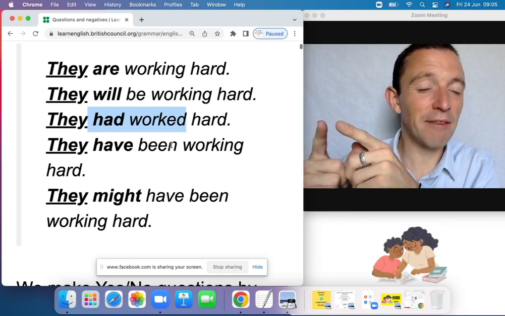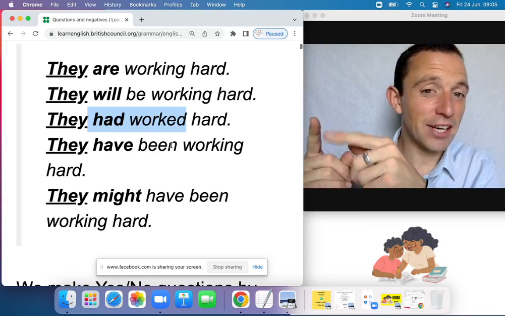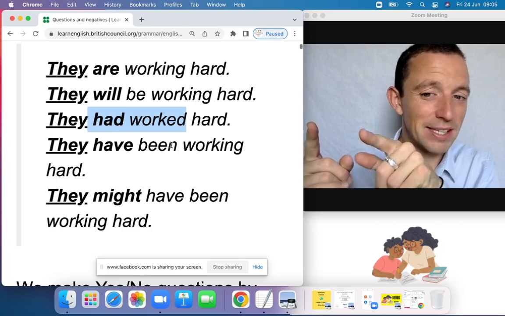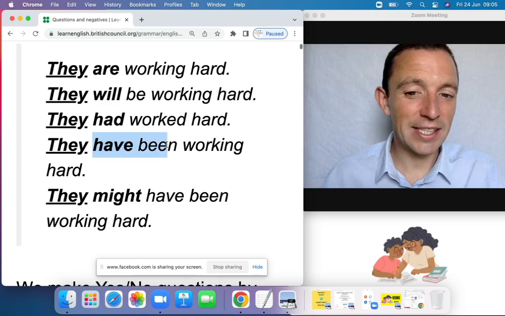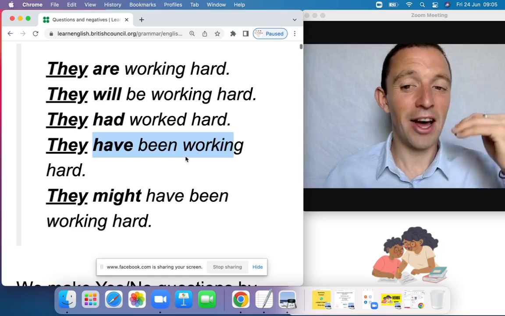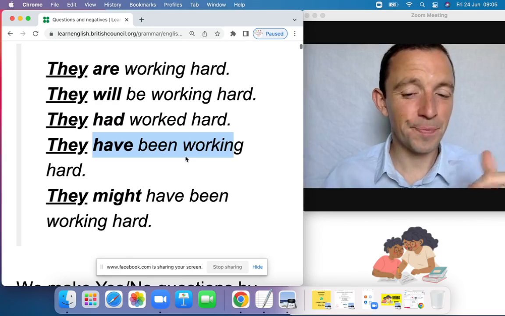That formula, the extra verb have plus the participle, is the past perfect. The next one is the present perfect continuous: they have been working hard. So different tenses, all affirmative.